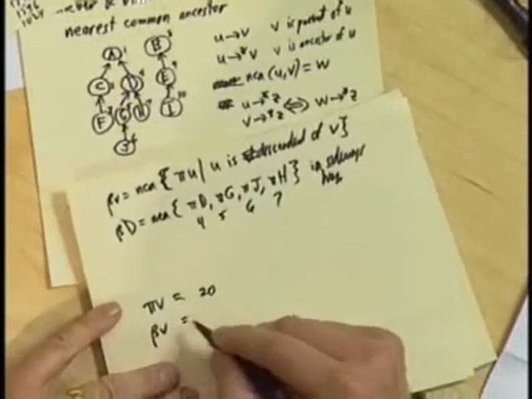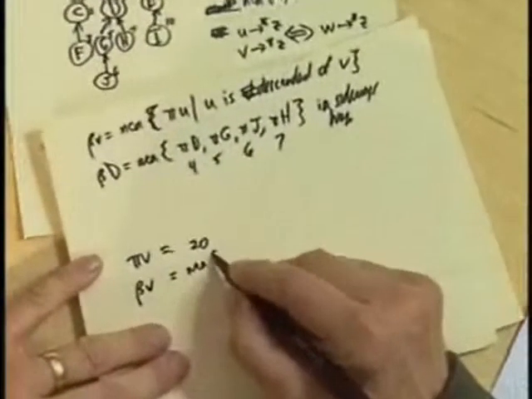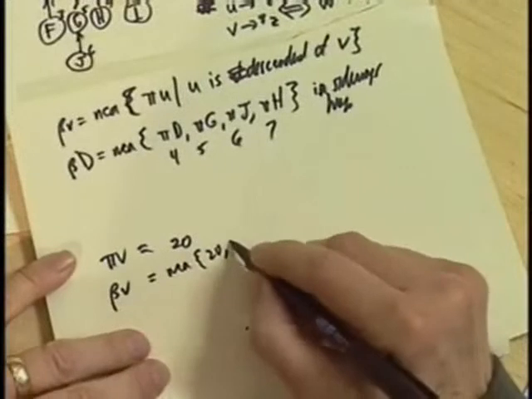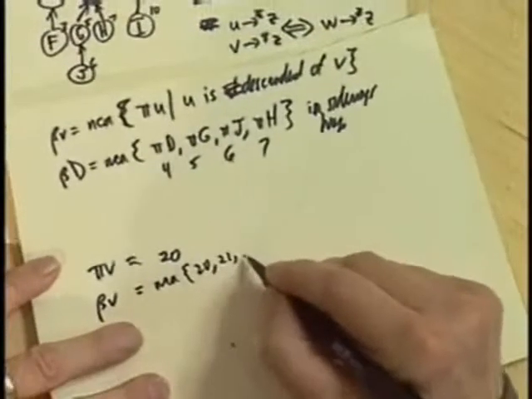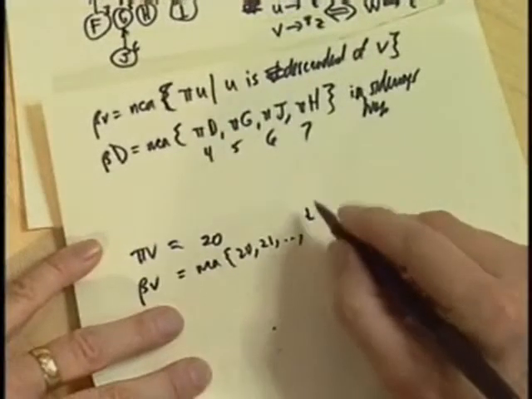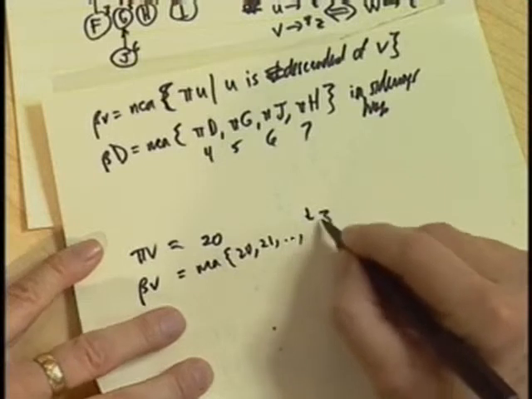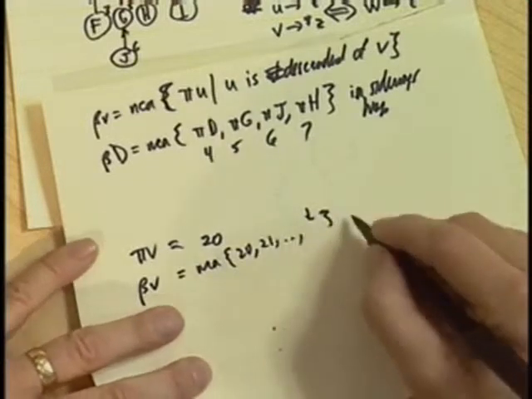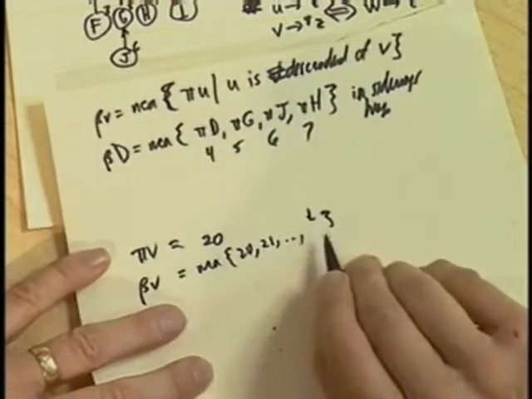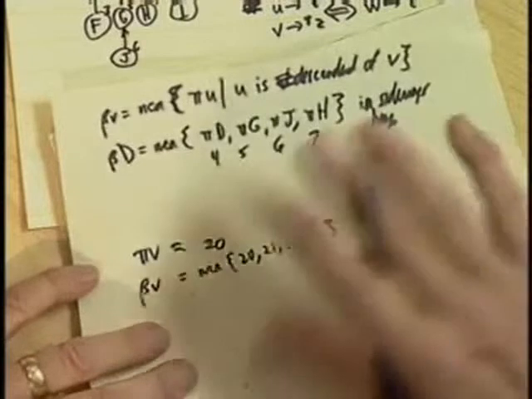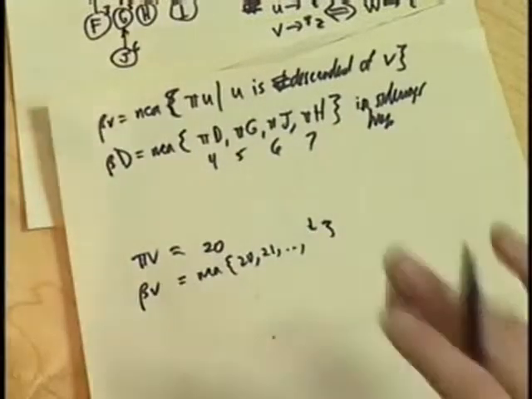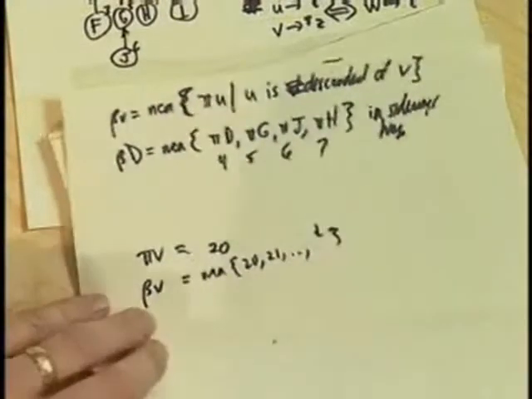Well, this is going to be the nearest common ancestor of 20, 21, up to something, the last descendant of node 20, depending on how many descendants it has.